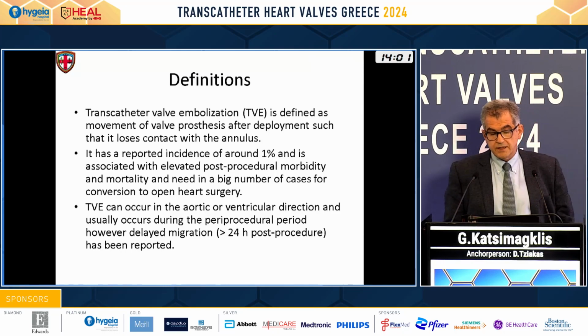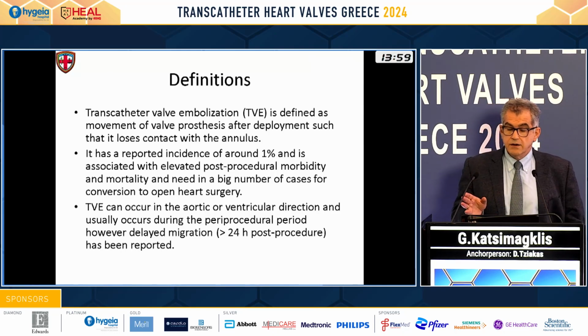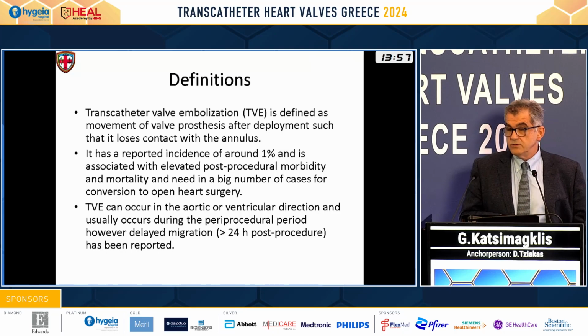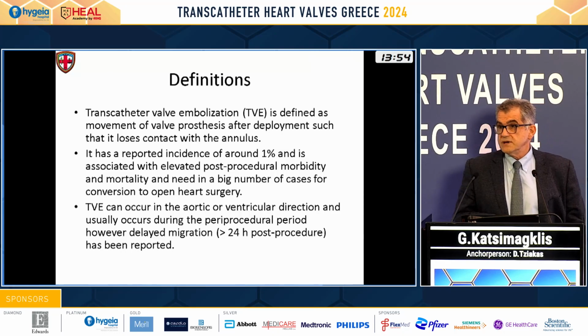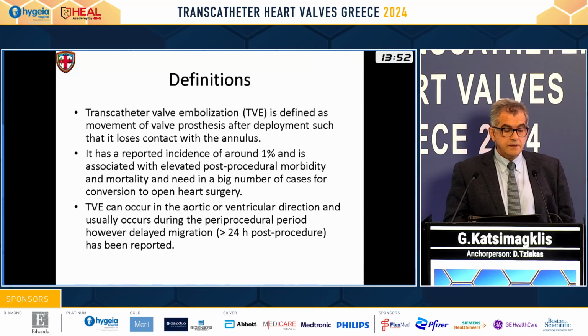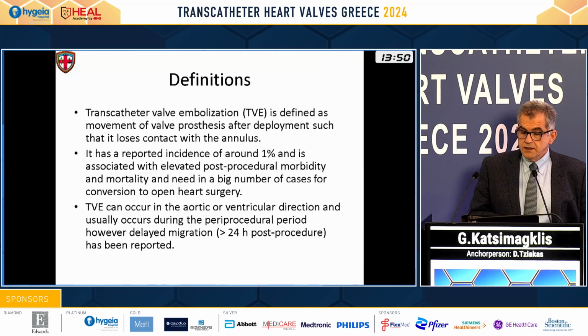TAVI embolism can occur towards the aortic or the ventricular direction and usually occurs during the peri-procedural period. However, there is also delayed migration, up to approximately 24 hours post-procedure.